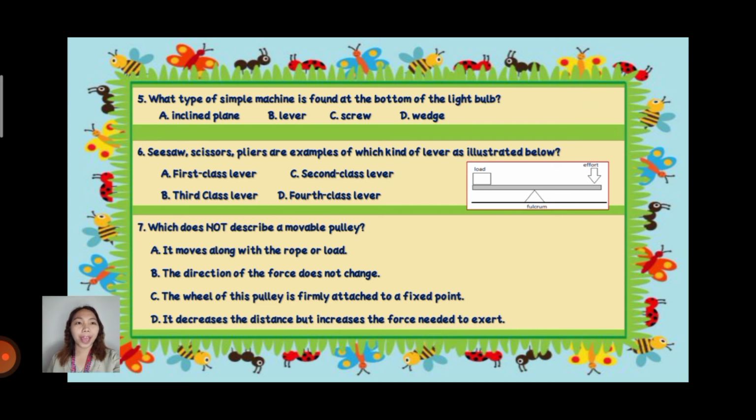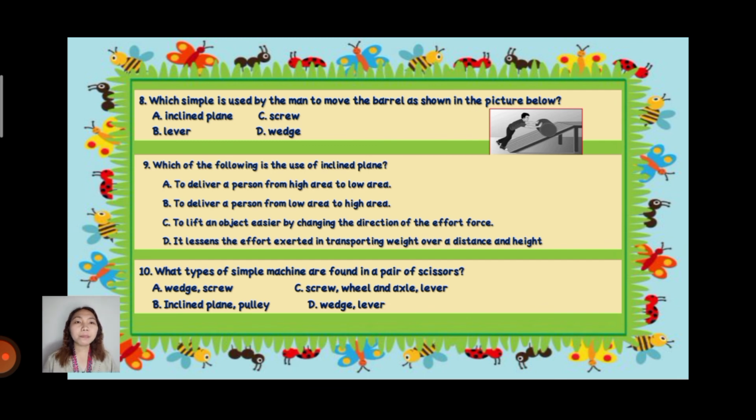For number 8, which simple machine is used by the man to move the barrel as shown on the picture below? A, inclined plane. B, lever. C, screw, or letter D, wedge. Okay, number 9. Which of the following is the use of inclined plane?